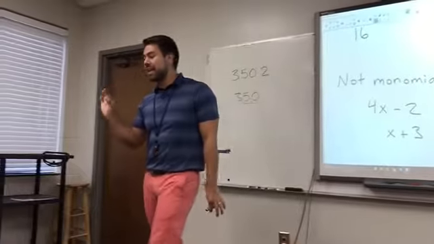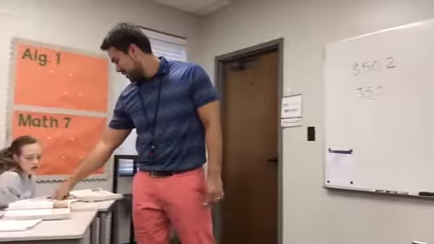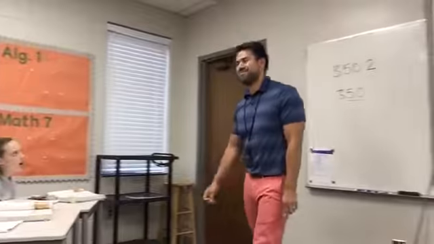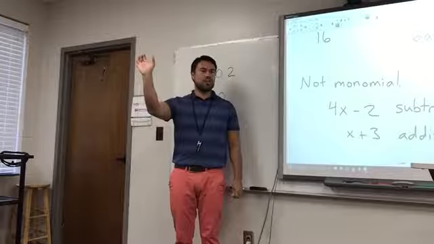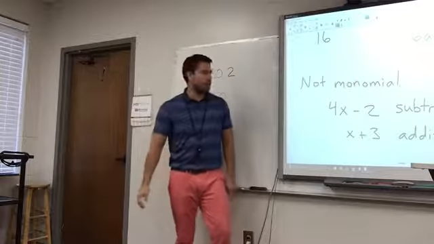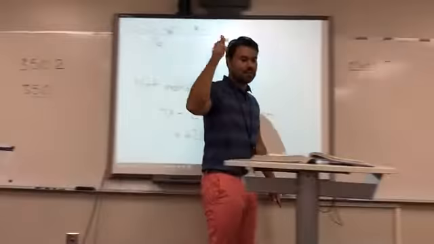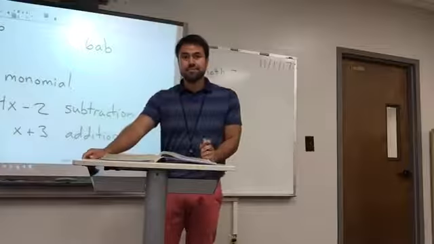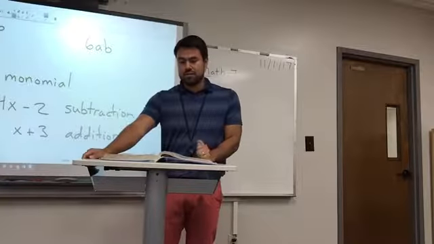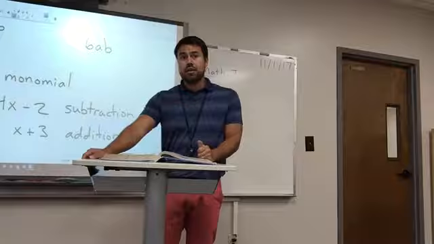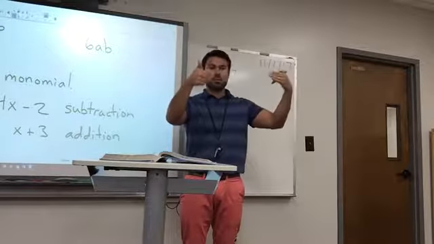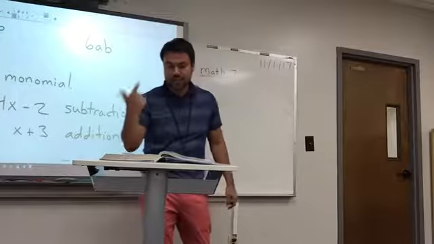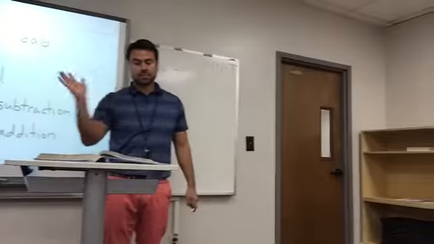It says negative 25. Is negative 25 an integer? Yes. So it is a monomial. Why would it be a monomial? A product of variables and integers is a monomial. So you see how negative 25 times x times y times z is a monomial.